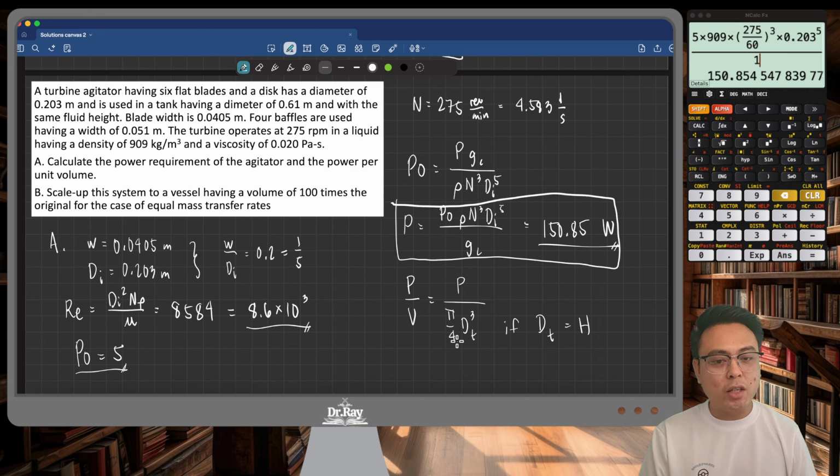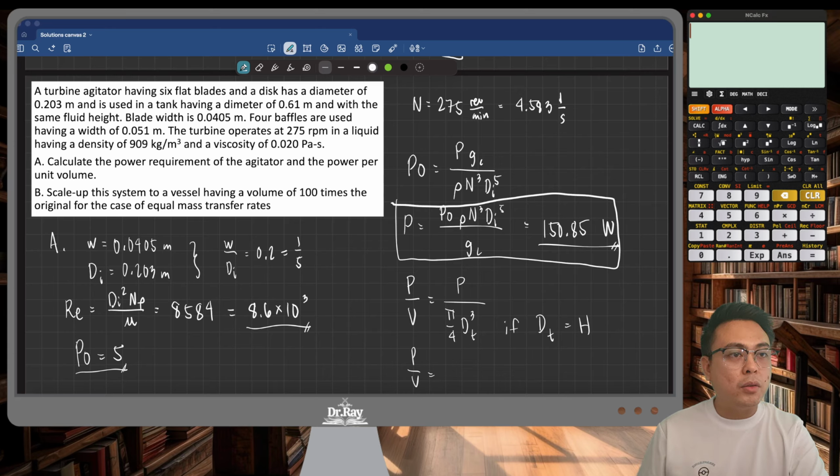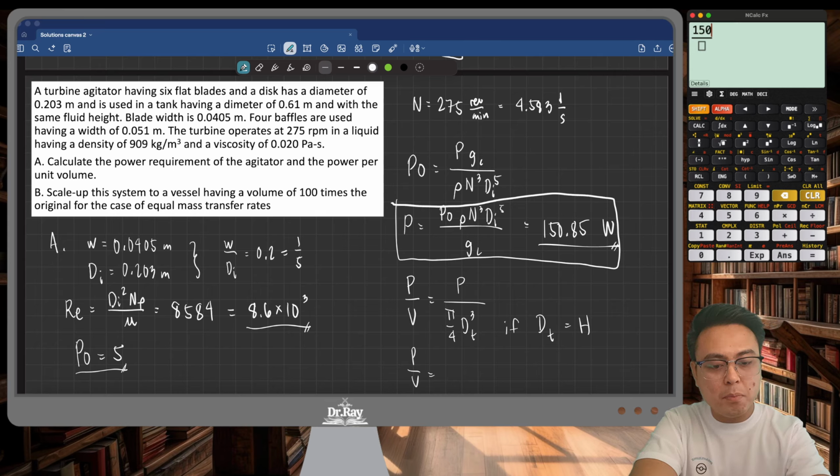We can now calculate the power per unit volume as the power, 150.85 watts, divided by pi over 4 times tank diameter cubed. Do not make the mistake of using impeller diameter here.